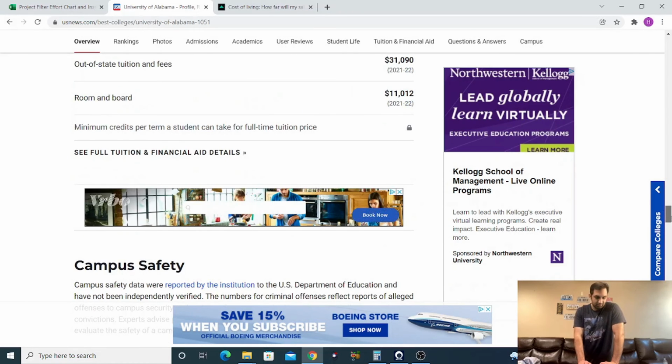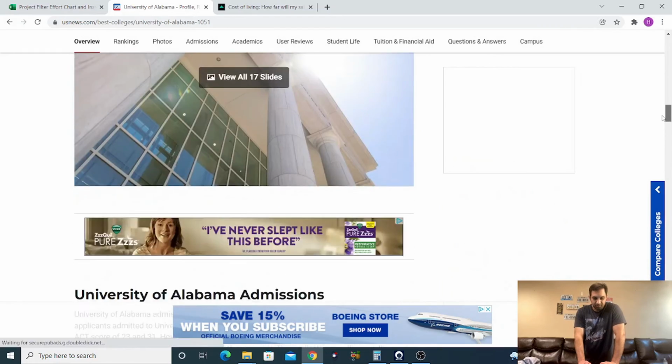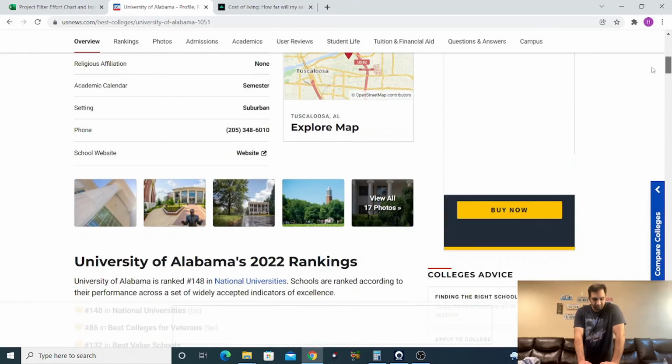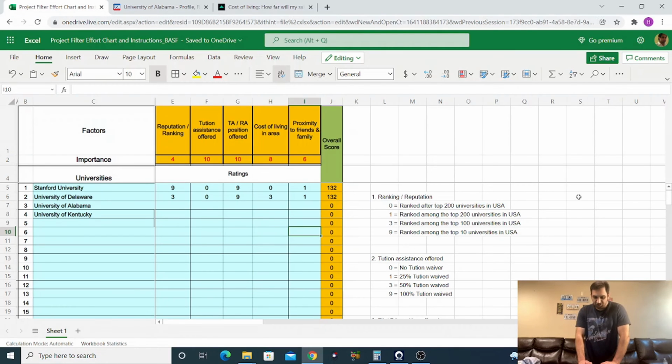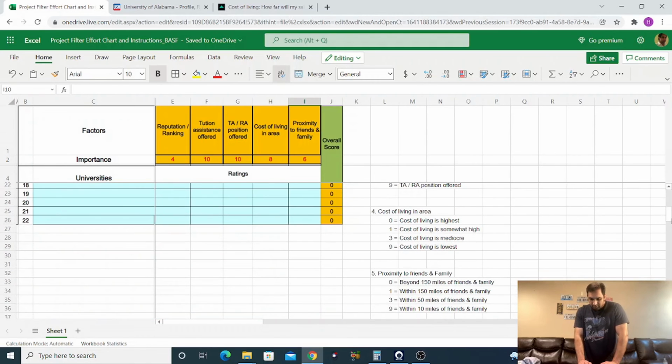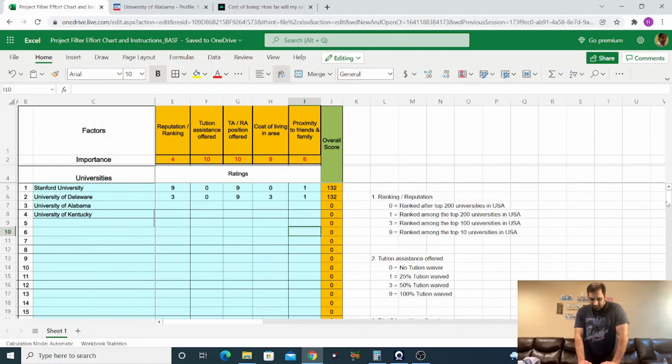So you can dig deeper into this if you want, but from my perspective right now, I'm just interested in the rank, which is 148. So if you go to our spreadsheet, 148 was gonna give it a 1.